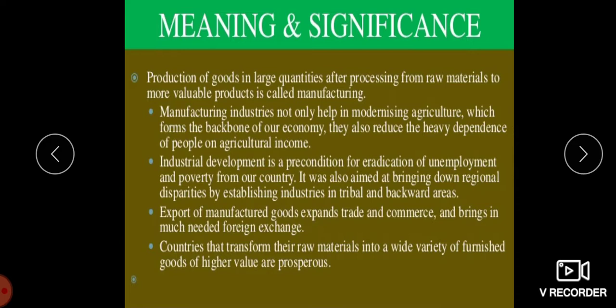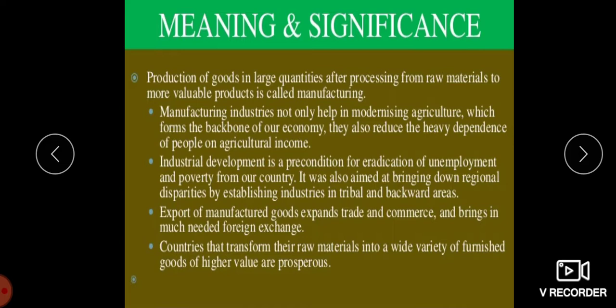Now we have to know, when I talk about manufacturing, what we mean by the word manufacture. Production of goods in large quantities after the processing of raw materials into more valuable products, we call that manufacturing.